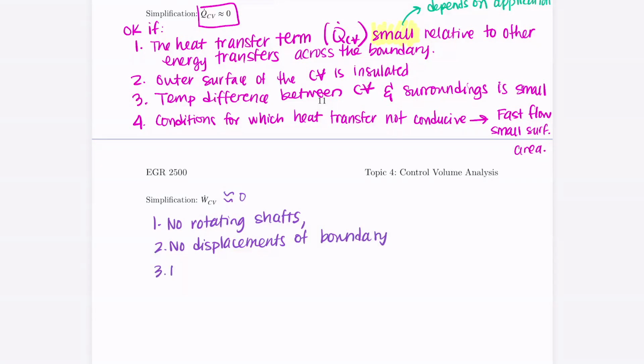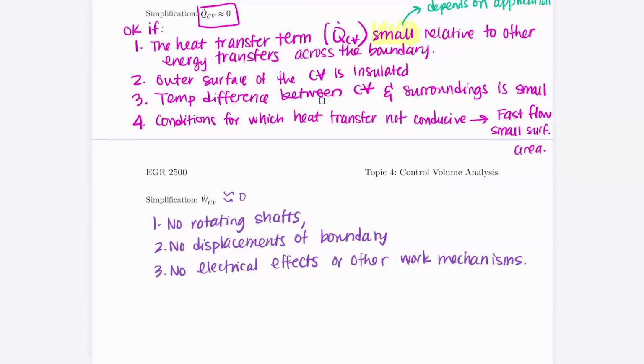No electrical effects. Or other work mechanisms. I think we all feel pretty comfortable with identifying where and what work is present in a system based on what I've seen so far of you guys in homework and in exam. So kind of same old as what we've been doing before.